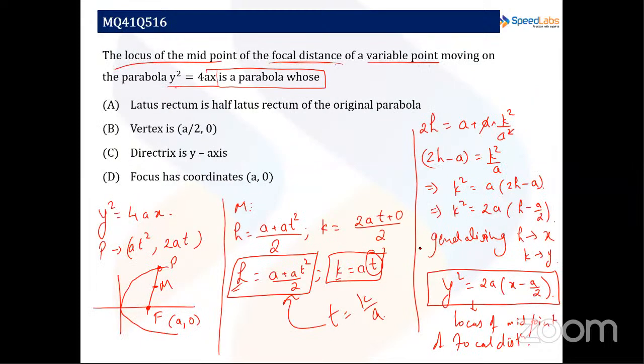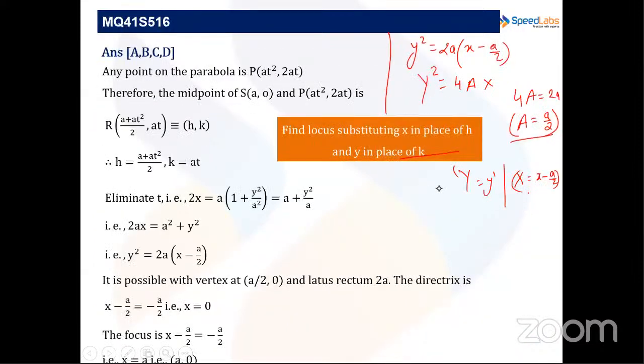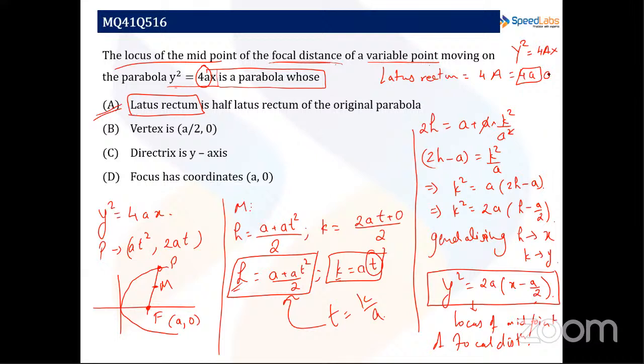Now let's see our options. The first option: the latus rectum is half the latus rectum of the original parabola. So we know that the length of latus rectum is 4a for a general equation y square equals to 4ax. For the original parabola, it is 4a, and for the new locus, we can see that it is 2a.